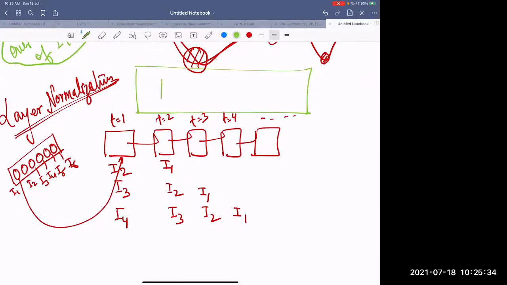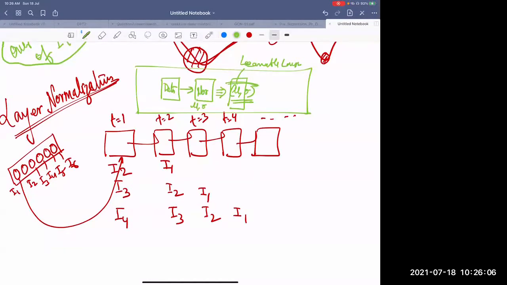So, data is coming. I am doing normalization, mu and sigma, and then I apply a learnable layer over here. This learnable layer is trying to learn mu comma sigma.